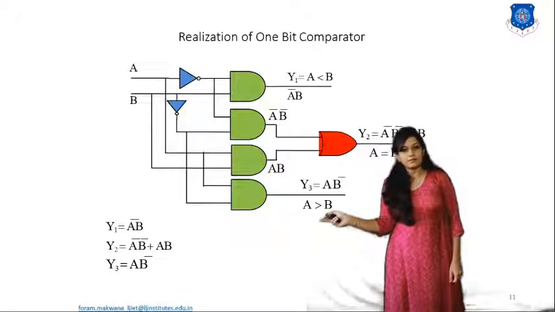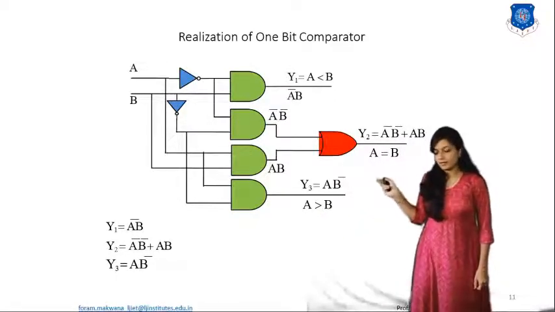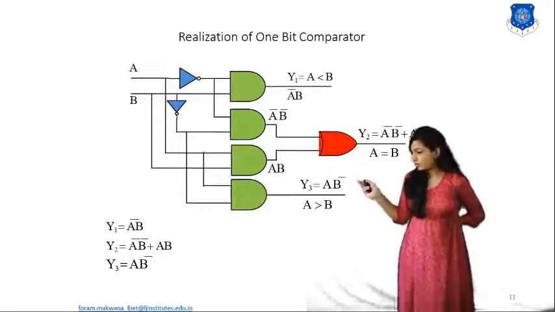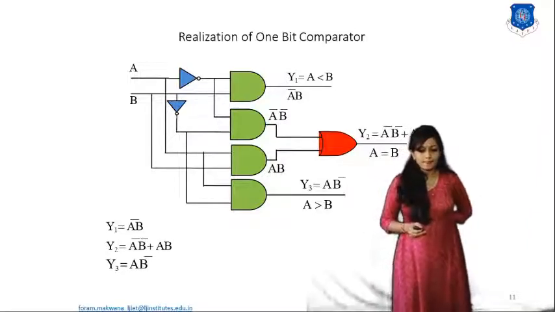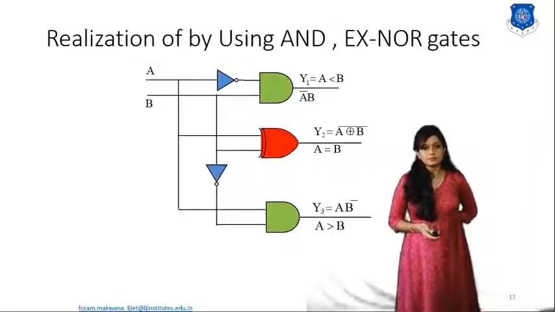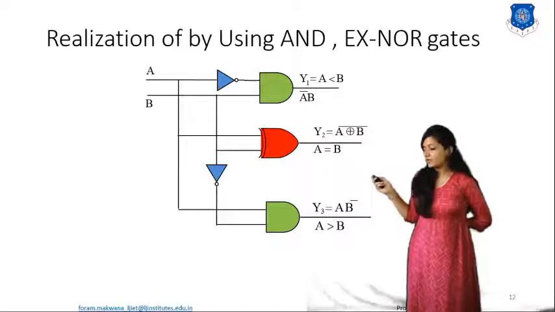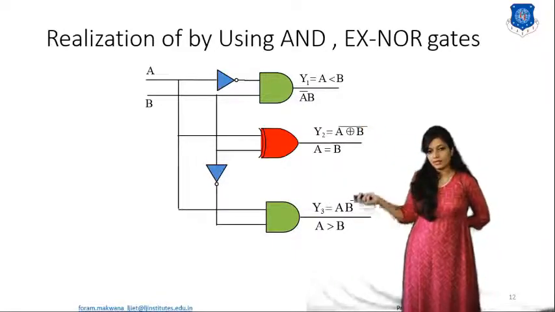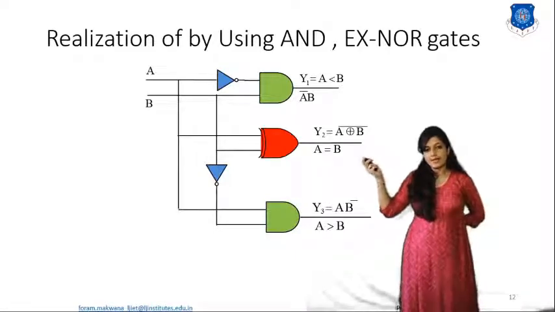And for Y3, A B bar, that is for A greater than B. So this is the realization of the one-bit comparator. This is what I have discussed with you: Y1, Y2 and Y3.